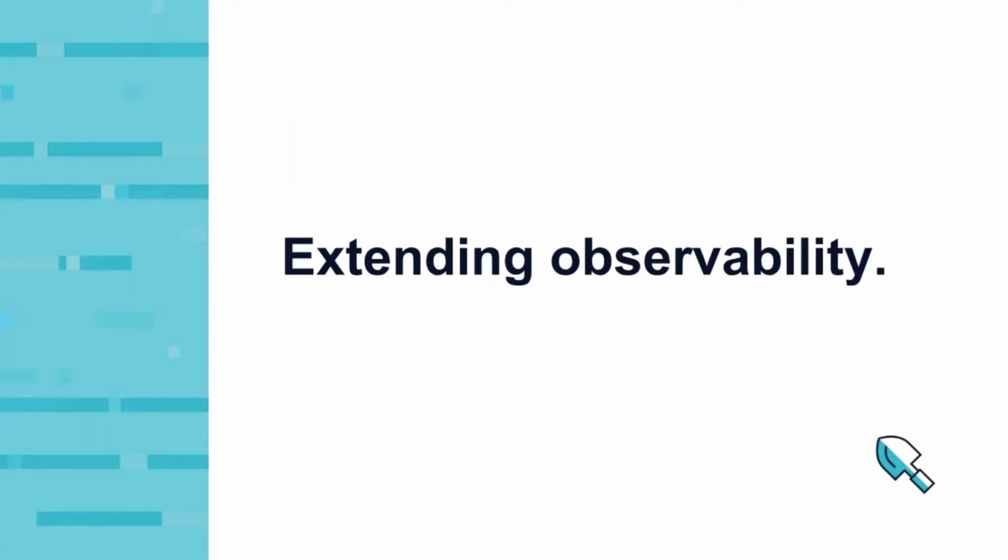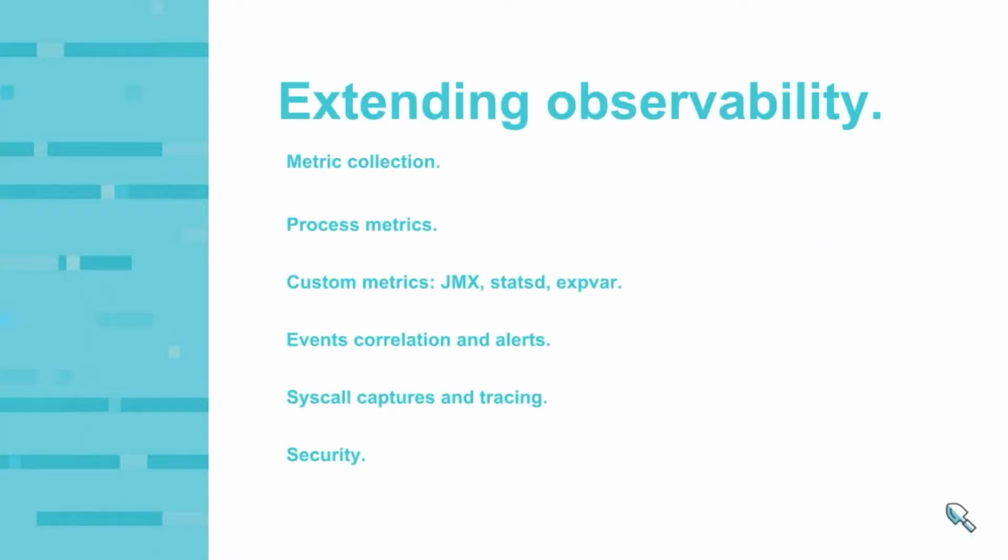So, all right, imagine you have resolved your long-term storage and scalability challenges. You have a high availability Prometheus server working. Does Prometheus provide all the observability needed in a modern DevOps containerized environment? Let's look at some of the areas where we believe Prometheus can be improved and understand some of the capabilities that Sysdig Monitor can provide.